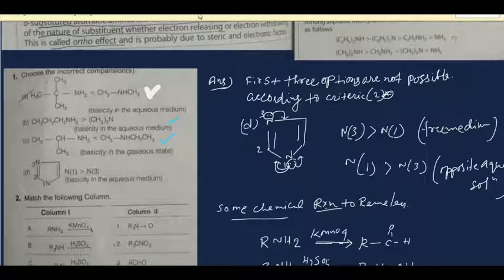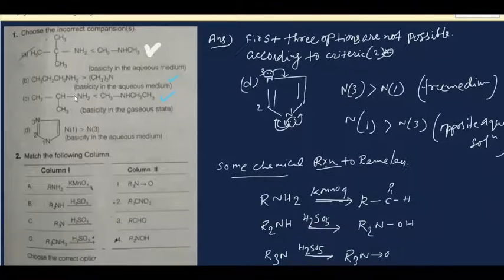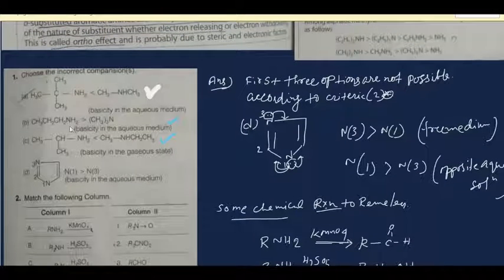The first one is right. And the second one says basicity in aqueous medium, this is 1 degree amine and this is 3 degree amine. So this is also correct, because here 1 degree and here 3 degree, greater than. So this one is also correct.